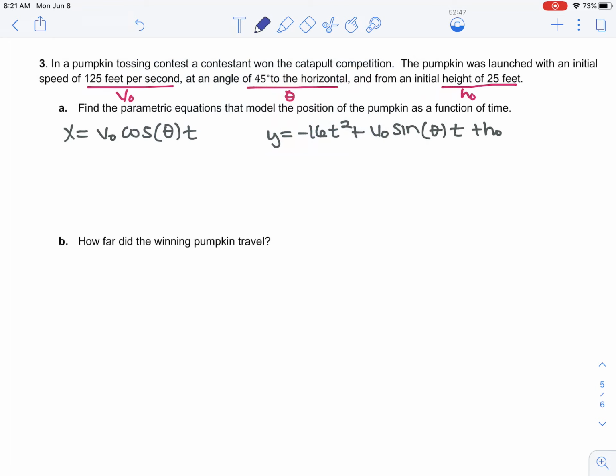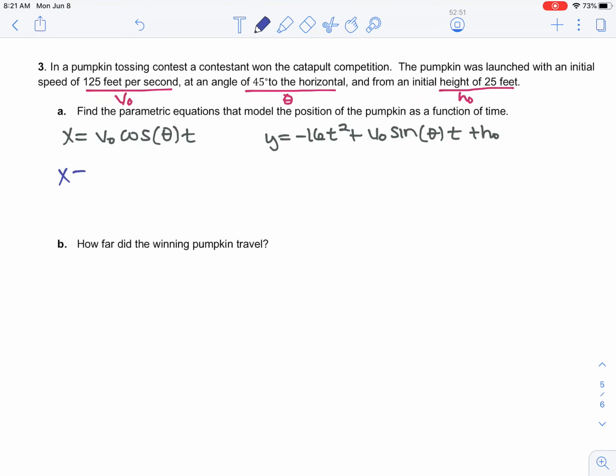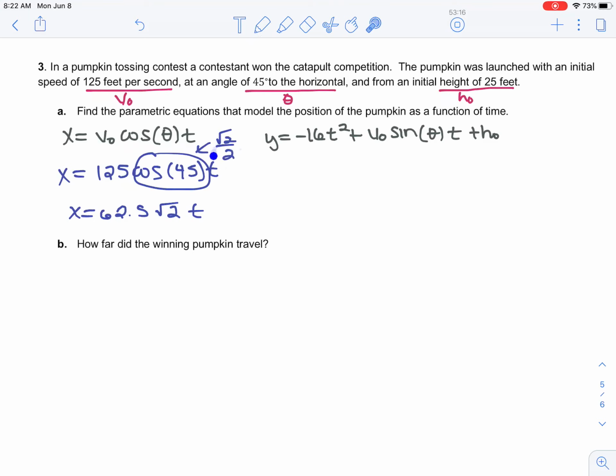Okay, so plugging in all of that information, we find one parametric equation is x equals 125 cosine of 45 times t, which can be simplified to x equals 62.5 root 2 times t. That's coming from cosine of 45 being root 2 over 2. Okay, so dividing 2 into 125 and then multiplying by root 2.